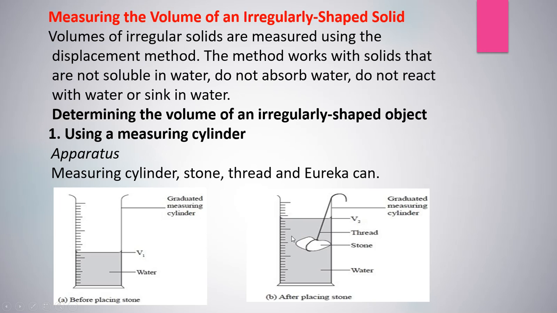Now how do we get the volume of this stone? We subtract V2 minus V1, because this is the volume of water displaced.